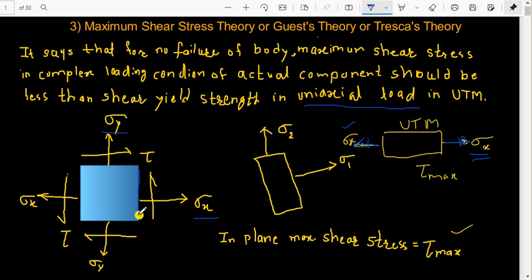This is the one edge which is perpendicular to the x direction, and it is the shear stress in the plane perpendicular to the x direction. As we are talking about the two-dimensional case, the in-plane maximum shear stress will be tau max, and how we will represent it we will see in the next slide.